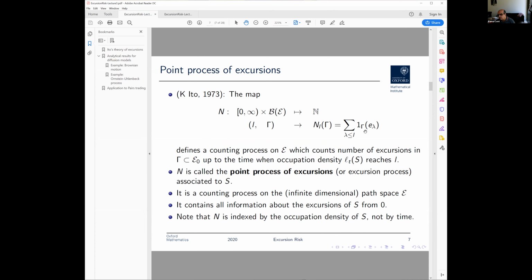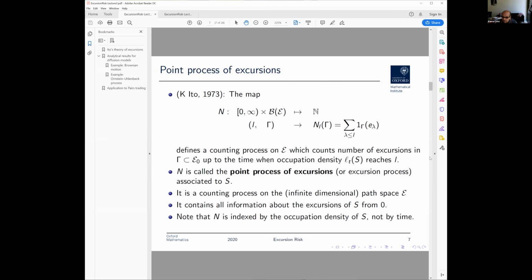There are many ways to show that some counting process is a Poisson process, but one characterization, which is the one Ito used, is to say that if a counting process has stationary independent increments, then it's a Poisson process. So the Poisson process is the only counting process, the only increasing integer-valued process, which has independent stationary increments.